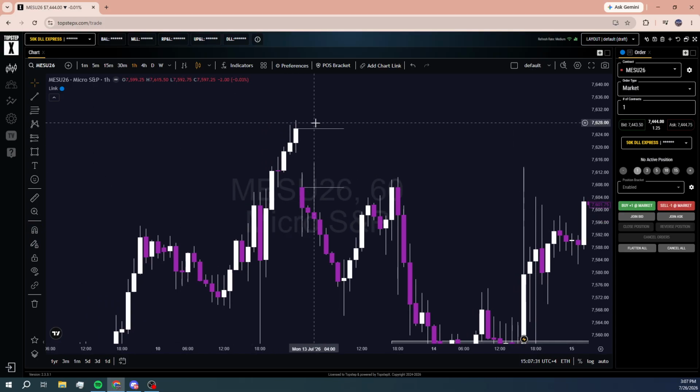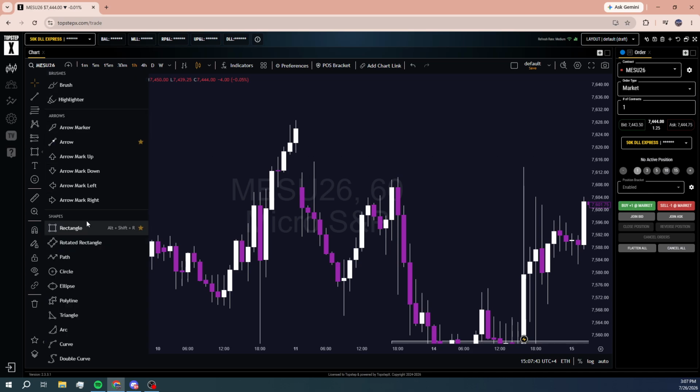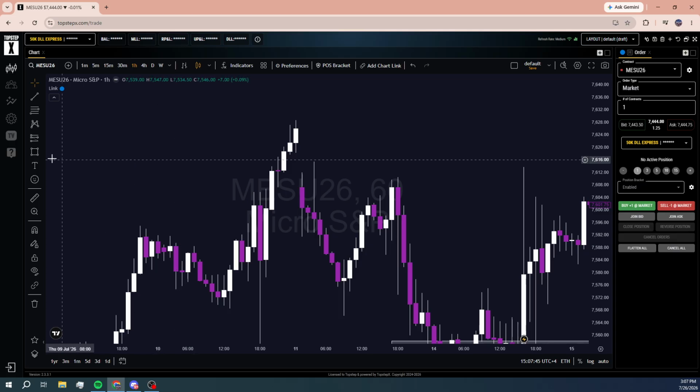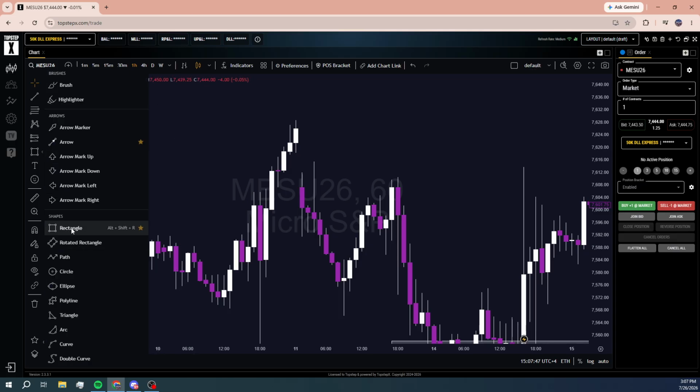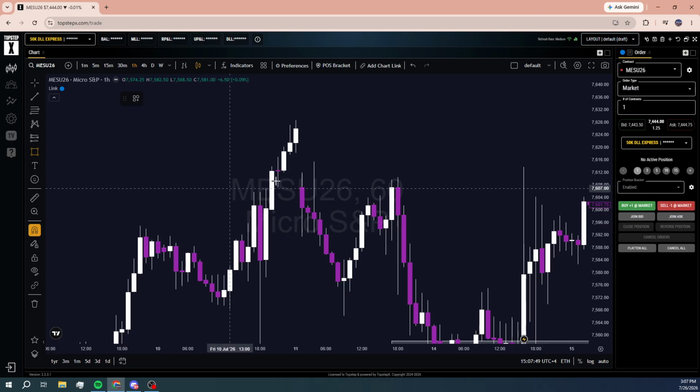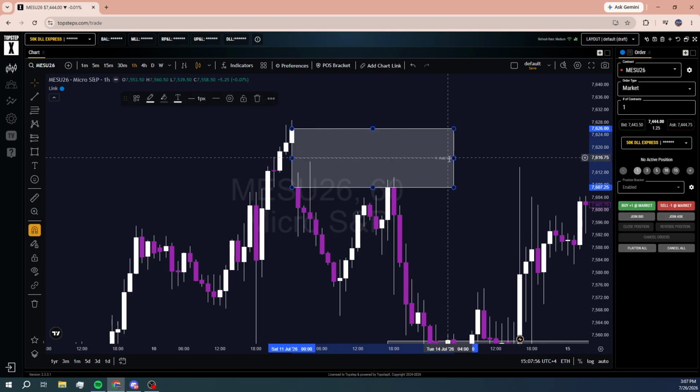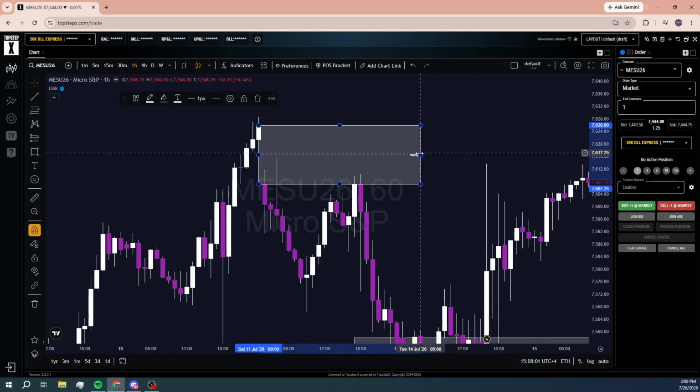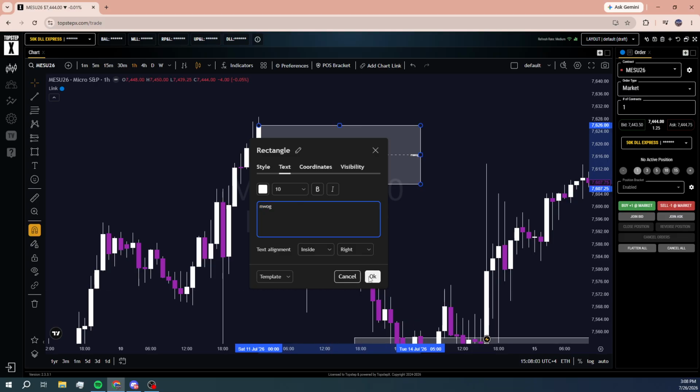So from the close of Friday to the open of Monday, it is called the new week opening gap, and you will simply mark new week opening gaps with a box. You see the rectangle here: you click on rectangle, you click on magnet, and then you simply mark from the close to the open on Monday, and this is called the new week opening gap.